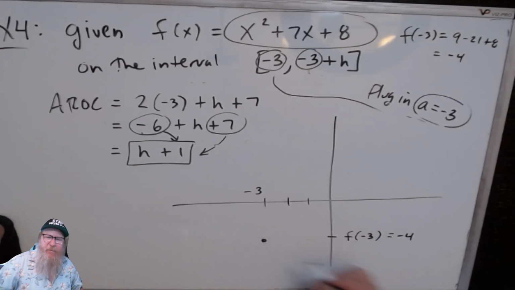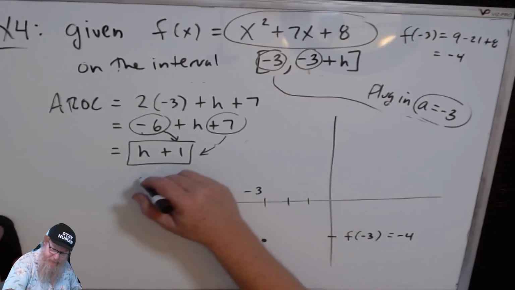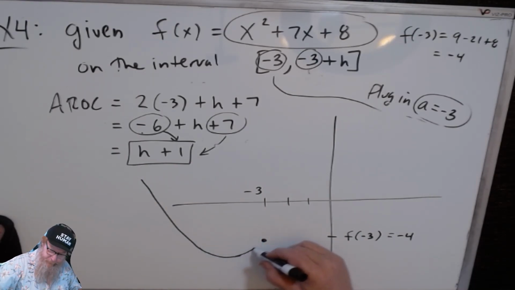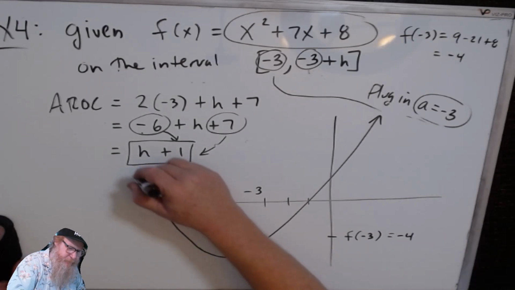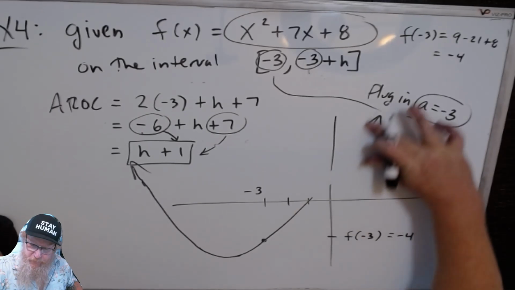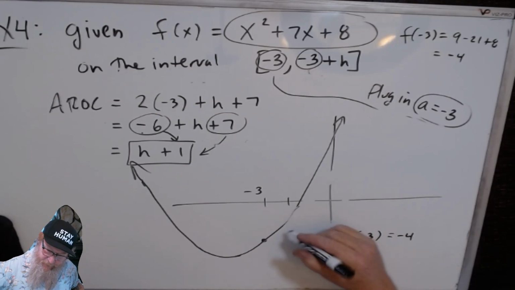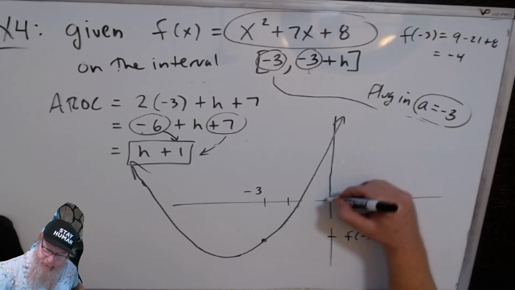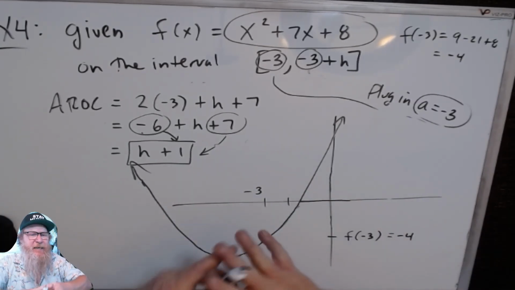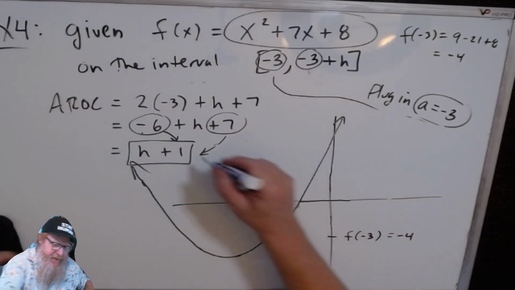So there'd be a parabola like this. Again, I'm not being very detailed. It's a terrible drawing, but you get the idea. It's just your average everyday parabola. They all basically look the same. Some of them are wider and skinnier, some of them are upside down, but the basic shape is the same.